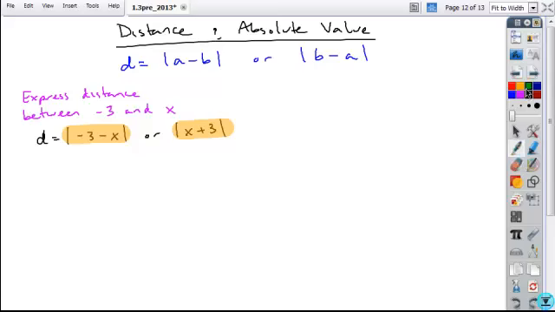The other form that you might be asked to apply this distance and absolute value relationship is to do the following. Use absolute value to express the following.